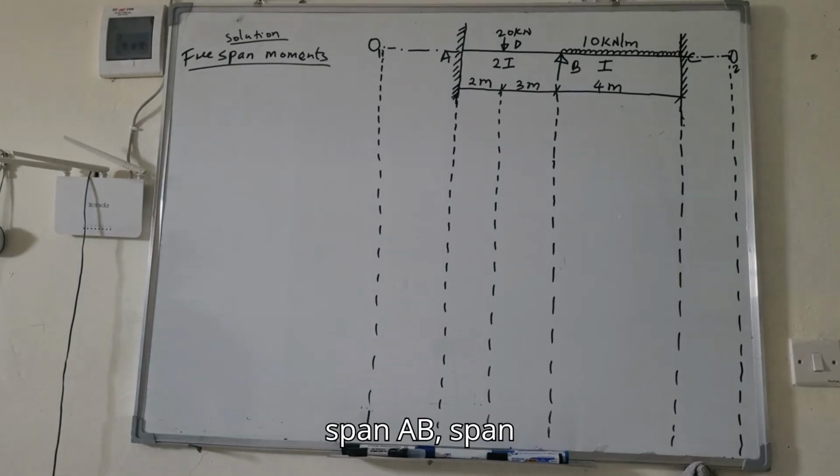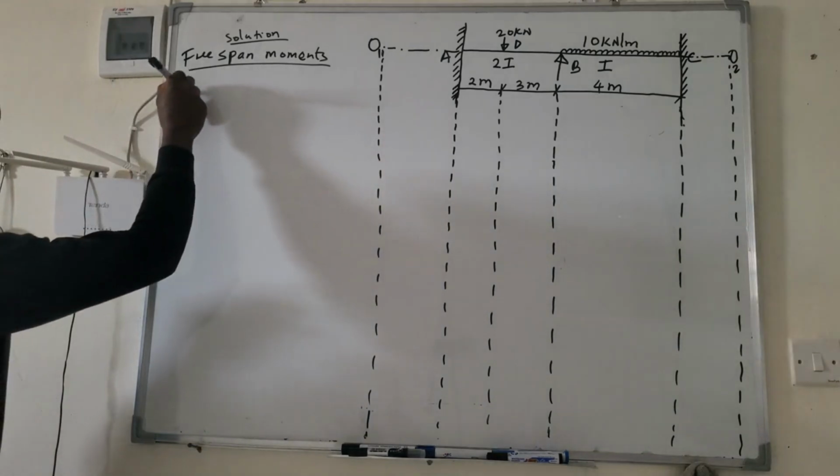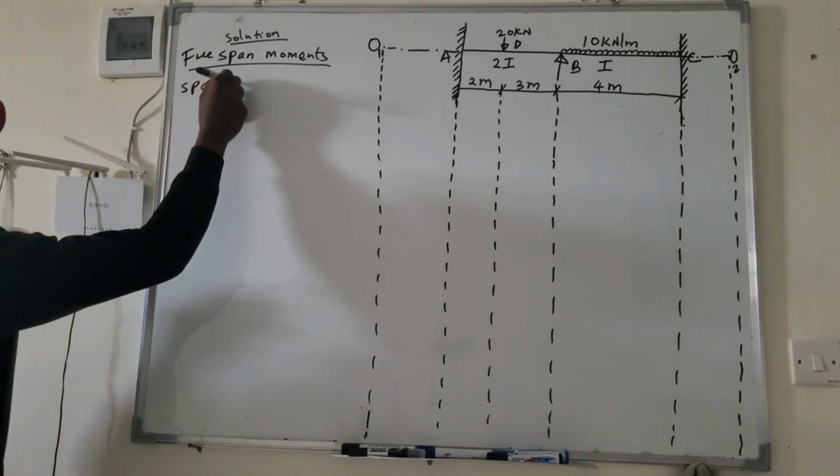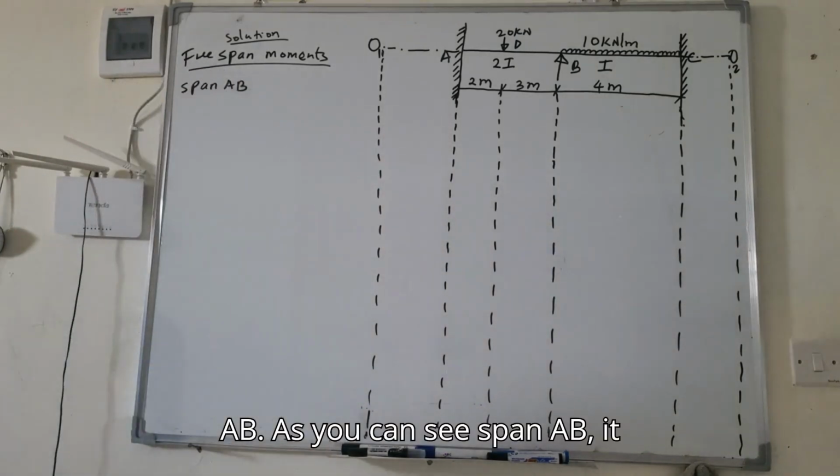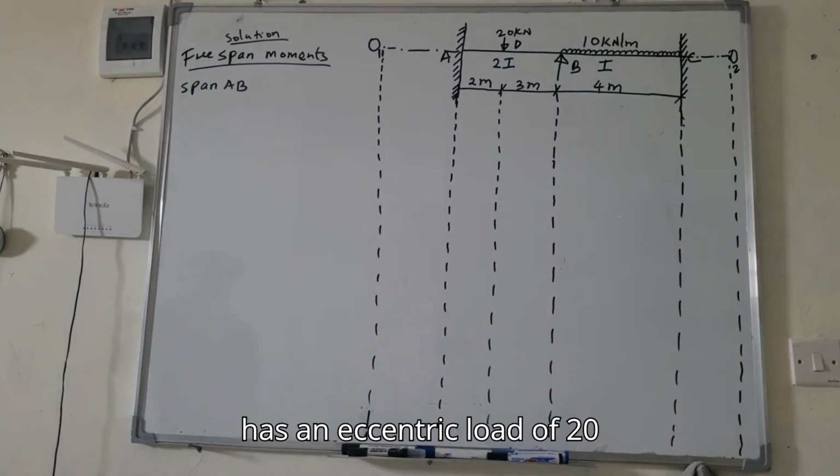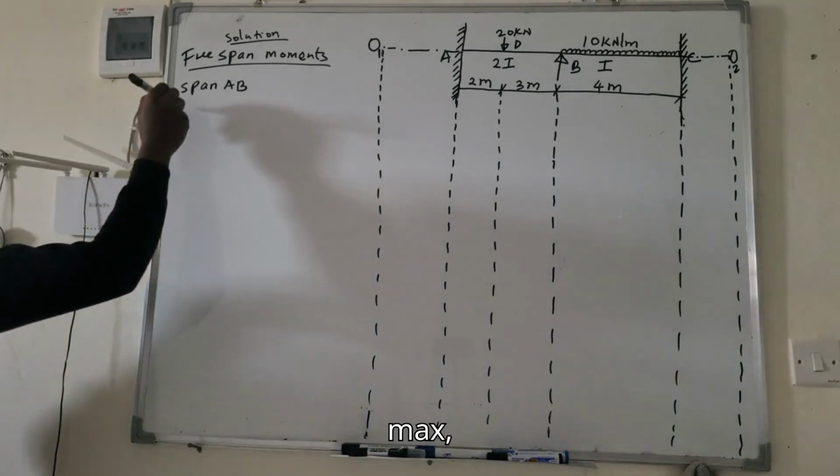For example, span AB. As you can see, span AB has an eccentric load of 20 kilonewton.